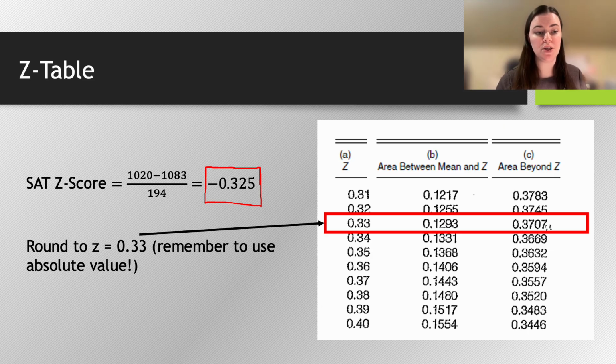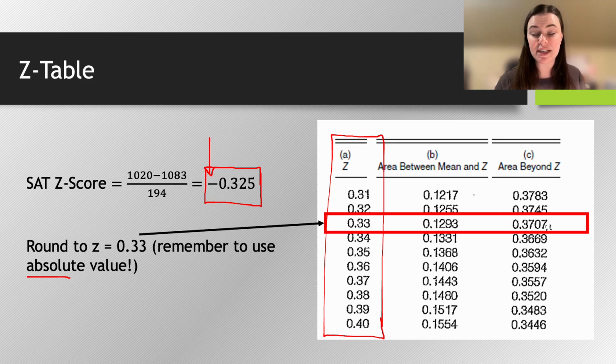We are also going to be using what's called the absolute value, so even though our z-score was negative in this case, our standard normal table will only tell us areas in terms of positive numbers. Remember that the absolute value of any number will convert it into a positive number rather than a negative. So when we round to the hundredths place, we get a z-score of 0.33. Again, we took the absolute value of that as well, so now we are positive 0.33.